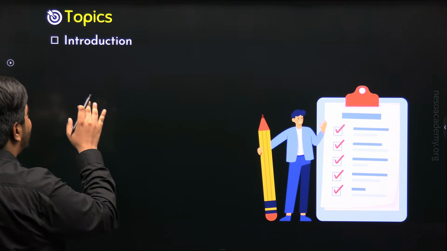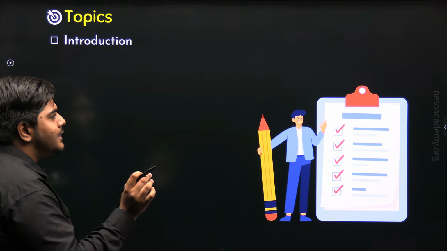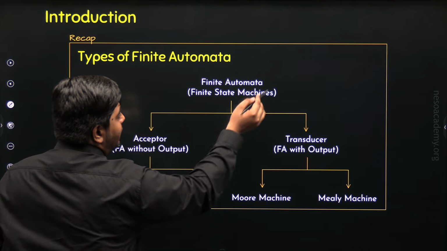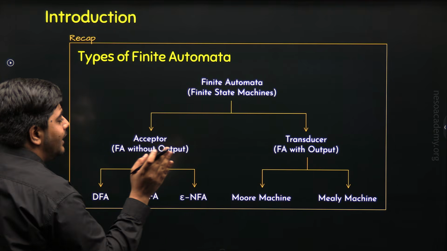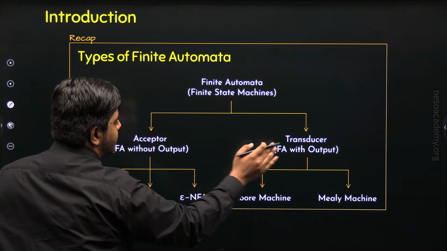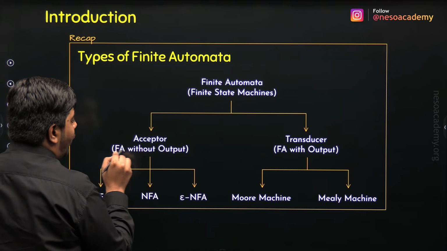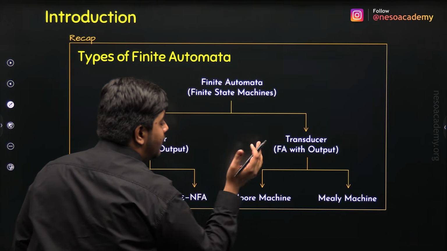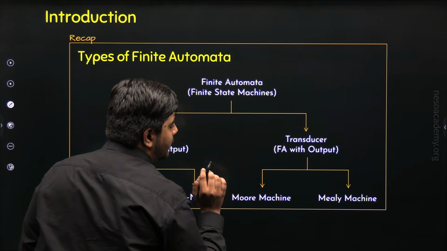But before directly going into finite automata with output, let's first take a quick recap. I have explained to you that finite automata or finite state machines are broadly classified into two categories: acceptors, which are also called finite automata without output, and transducers, which are also called finite automata with output.